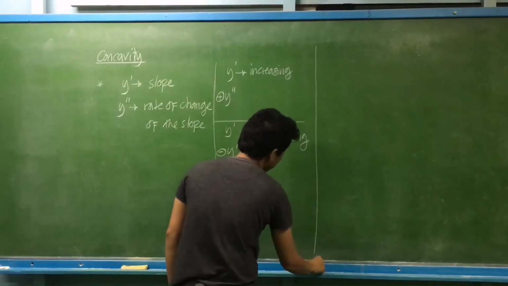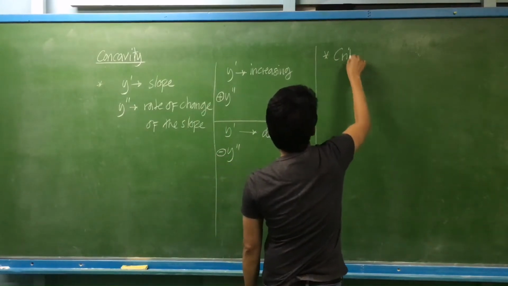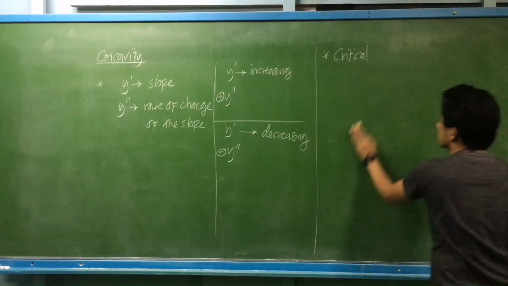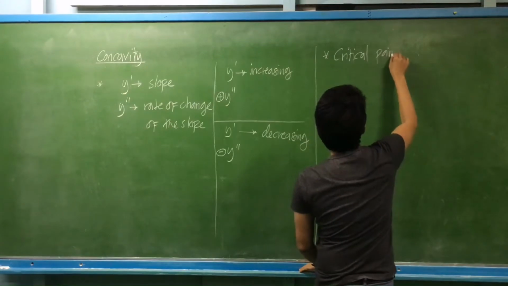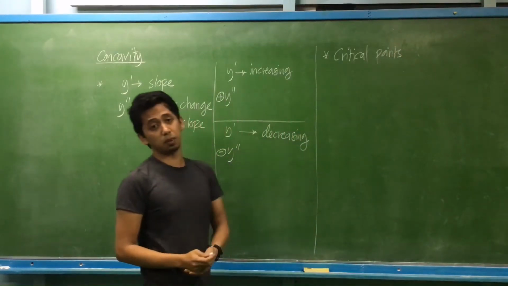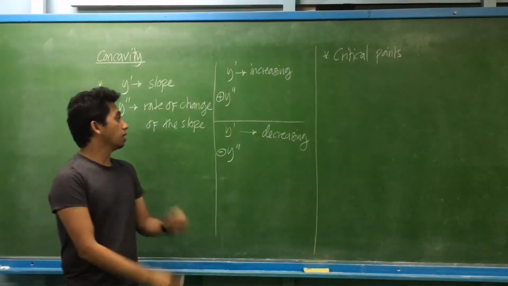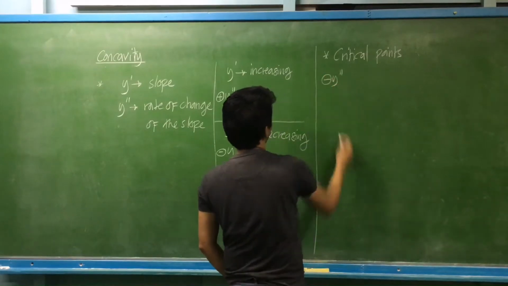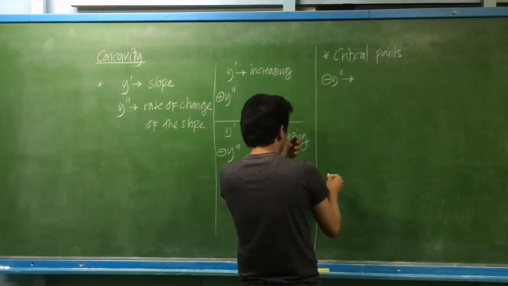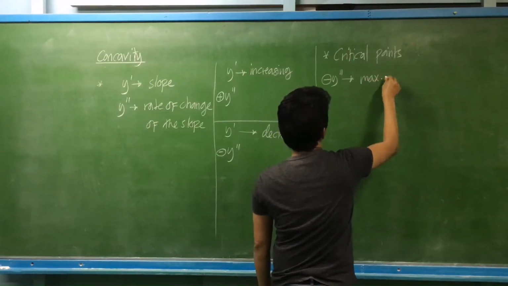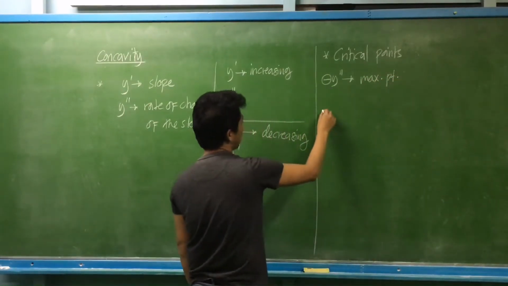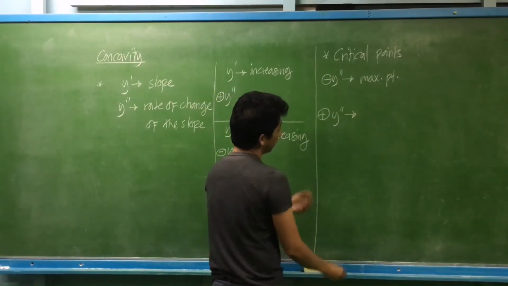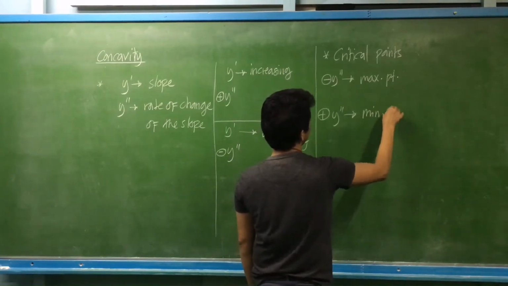Now, let us observe the critical points based on the second derivative test. So, if we say critical points, again, last time, a critical point is either a maximum or minimum. If we have a value of y double prime to be negative, this is supposedly a maximum point. Then if we have a positive y double prime, okay, we have that critical point as a minimum point.